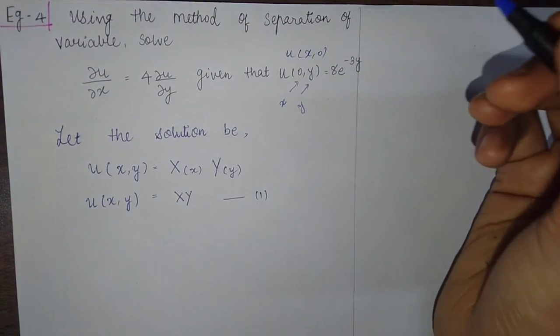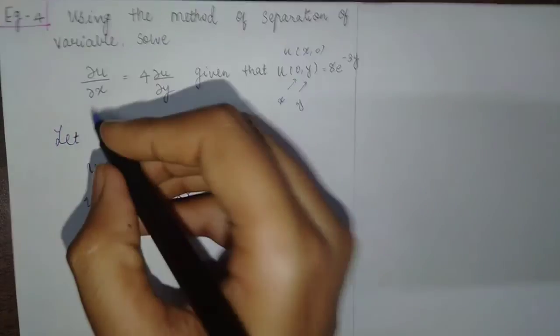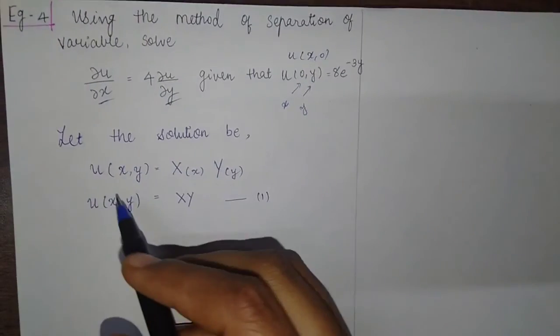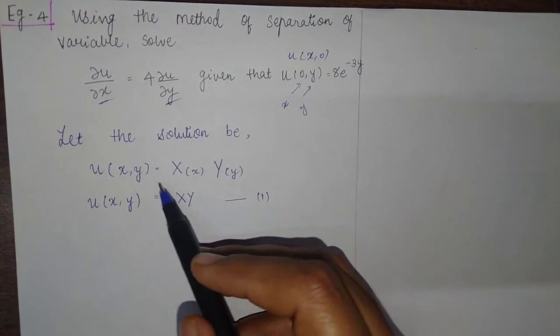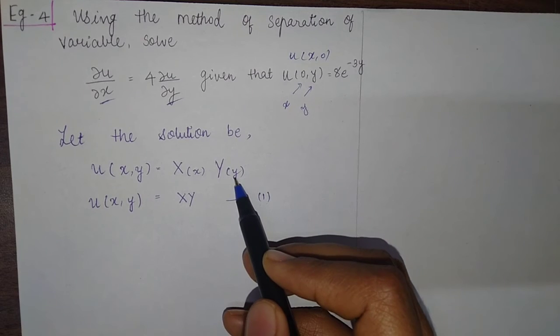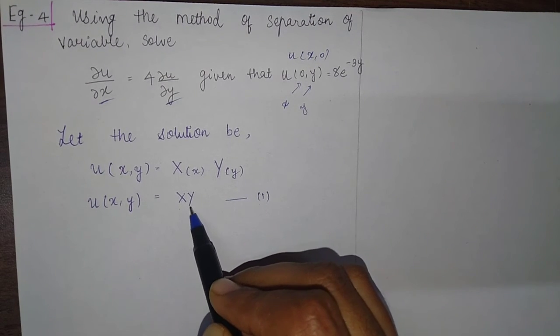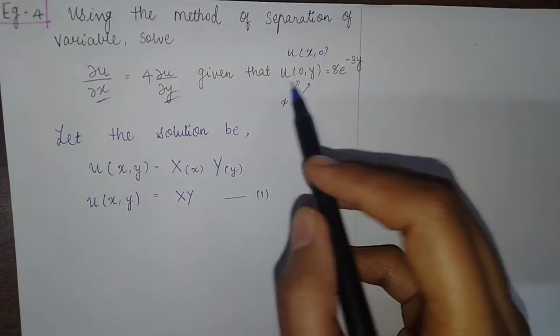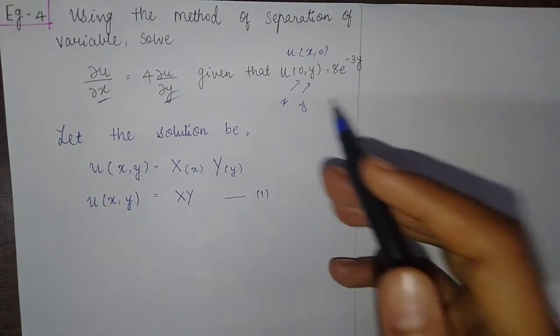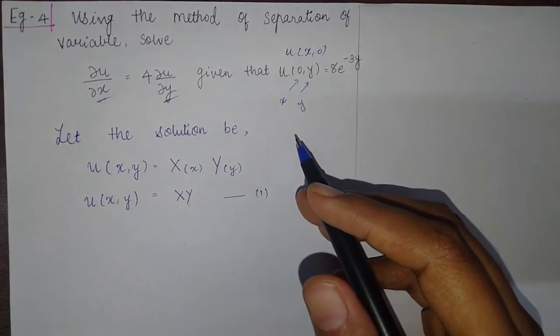Okay. So again, here we have x terms and here we have y terms. So we have u of x comma y equal to capital X into capital Y. So we will find the values of capital X and capital Y and substitute here, and then we will use this formula, and then we will get the final answer.